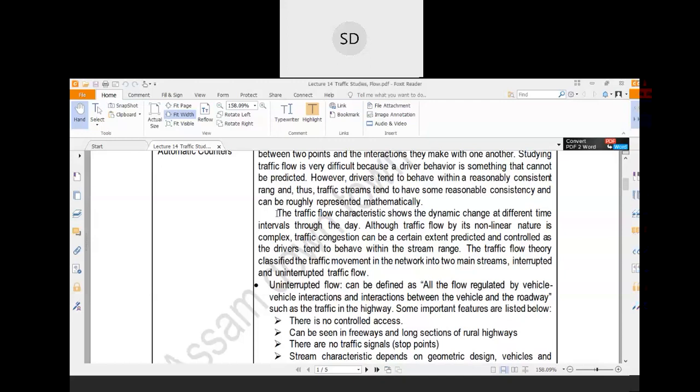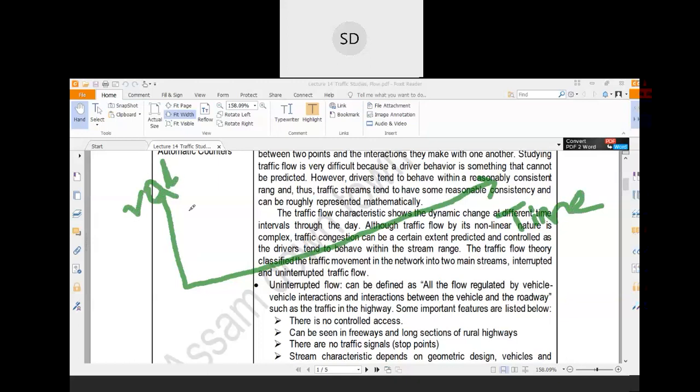Now, the traffic flow characteristics show dynamic change at different time intervals through the day. How is this dynamic change possible? Suppose you have the flow data, or the number of vehicles crossing a particular section of the road. Suppose the x-axis denotes time and the y-axis denotes traffic volume.